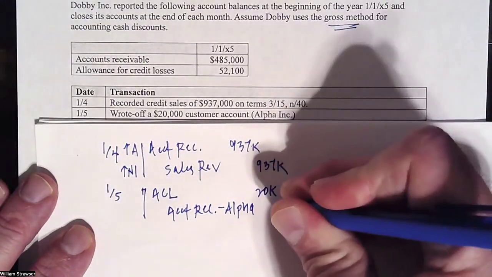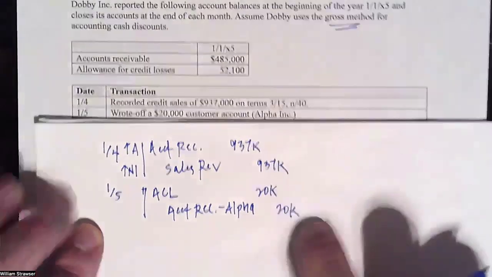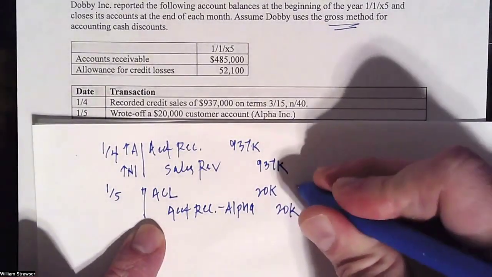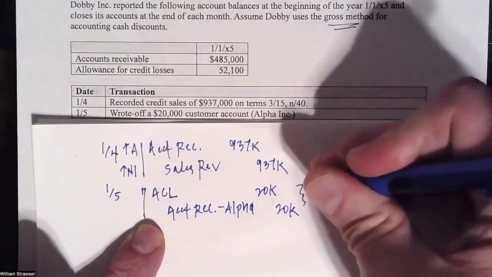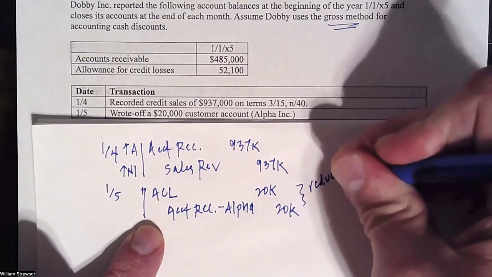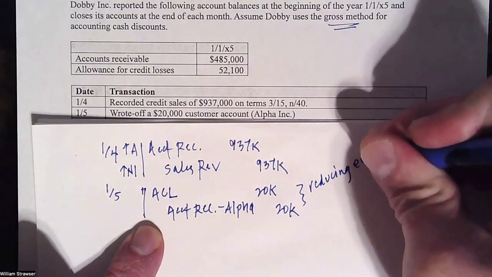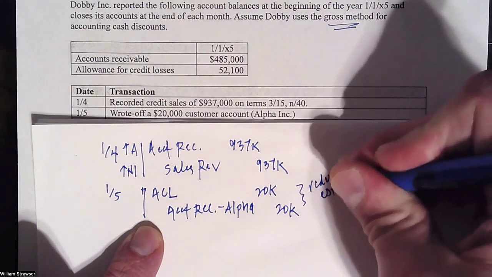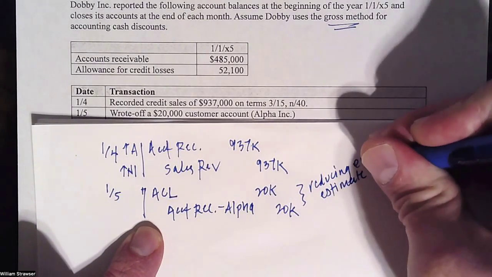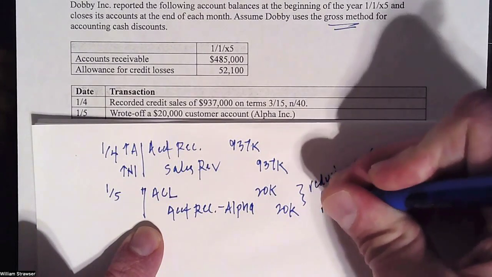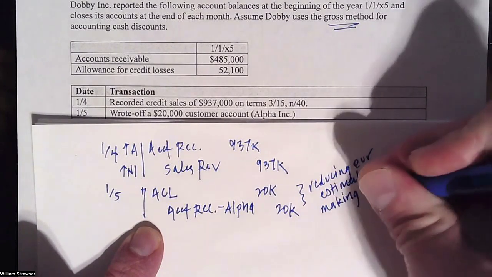I mention them individually because what this really is doing is reducing our estimate and making it a reality.